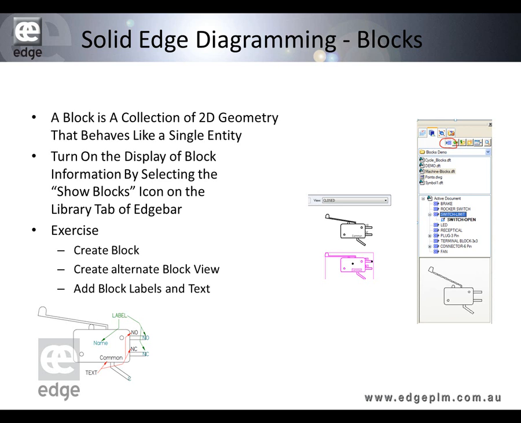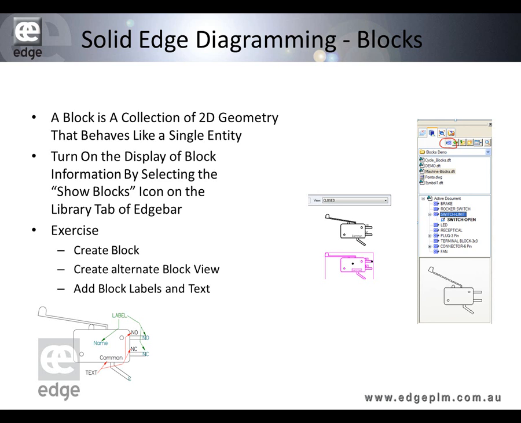You may have a T plumbing joint that's got 3, obviously, and so on. The block contains not only the graphics, but it contains information as well. And that information can be quite useful in downstream processing, and that's where the Edge PLM software add-on packages come in. We'll be looking at that as we go on.